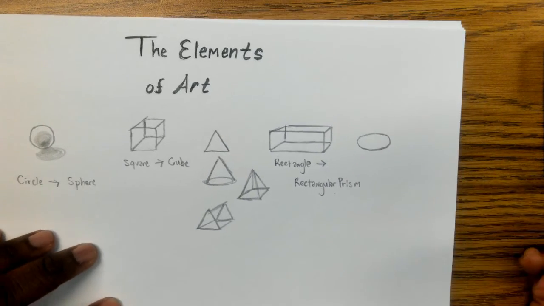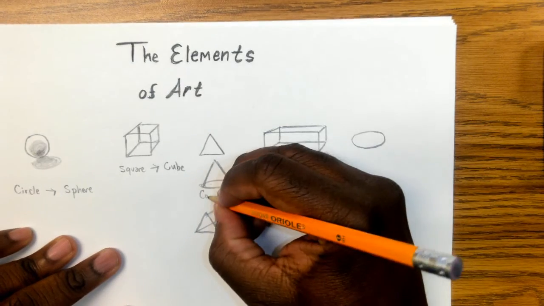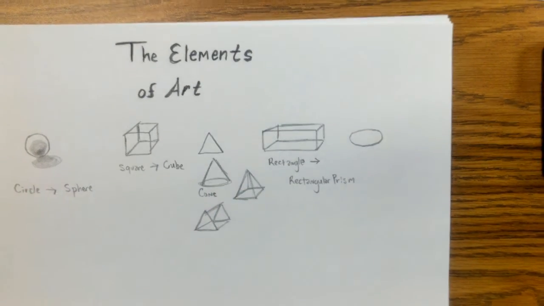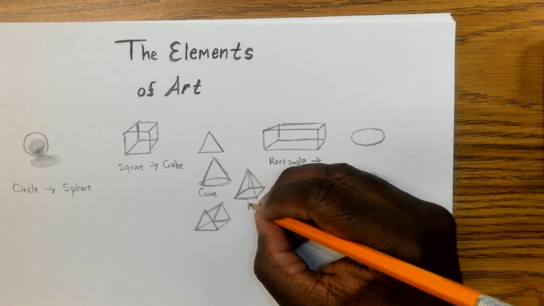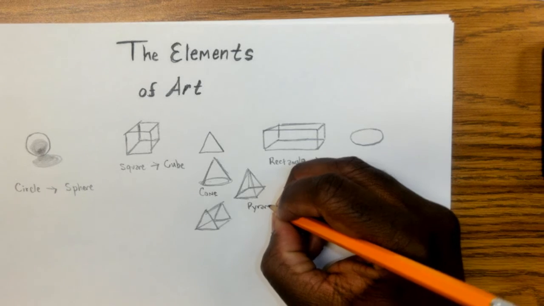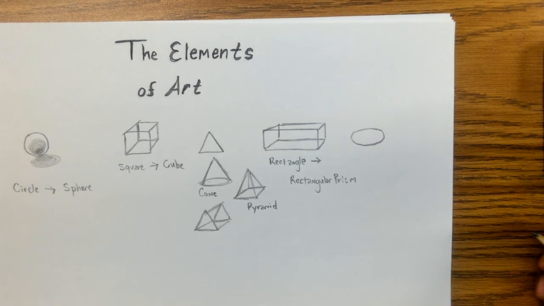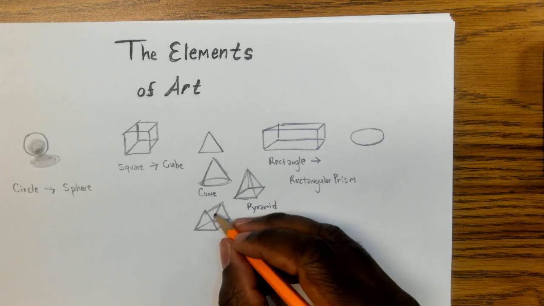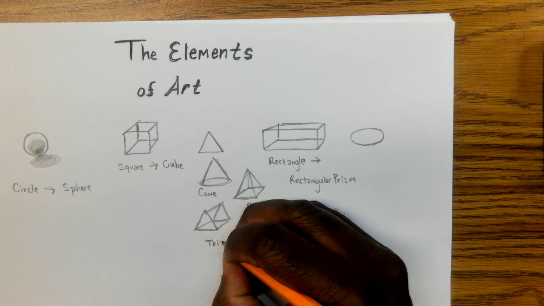And oval really can become anything, such as over here, where an oval as a base with a triangle becomes a cone, or a square as a base with a triangle becomes a pyramid. Or, if we're actually going to use another triangle, it becomes a triangular prism.